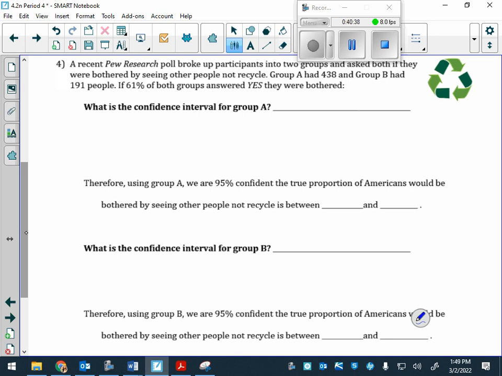What is the confidence interval for group A? What do we think? Well, we know the statistic, which is what? 61. Okay, what is the sample for group A?